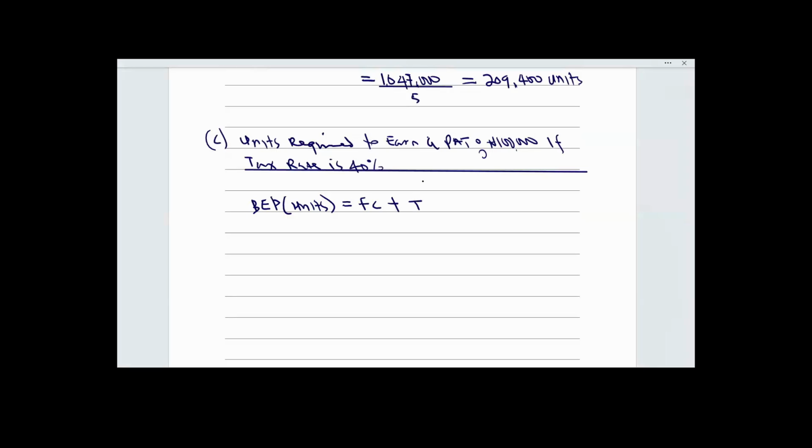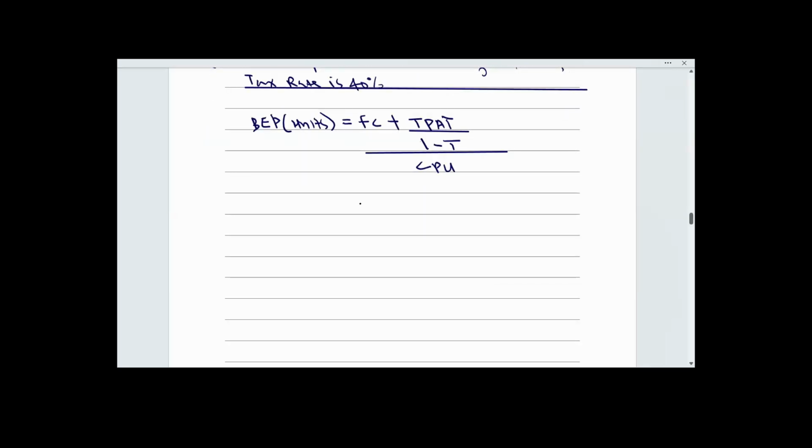Remember, the targeted profit is profit after tax. You don't use profit after tax. It has to be profit before tax. Therefore, you need to convert the profit after tax to profit before tax. So fixed cost plus targeted profit after tax over 1 minus tax rate, all divided by contribution per unit.